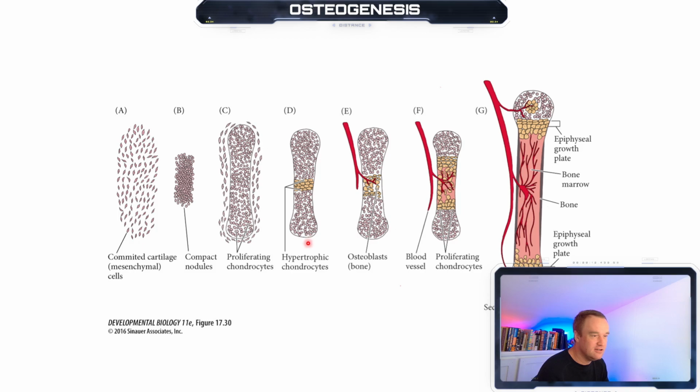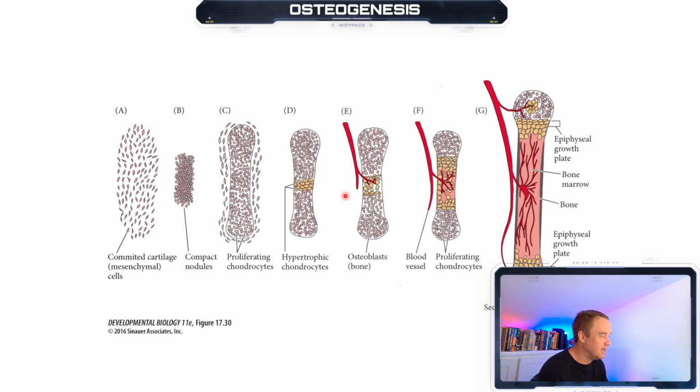So part D here, we have the chondrocytes undergo hypertrophy and apoptosis, so they die, while they change and mineralize their extracellular matrix. So they kind of die off and they start to ossify or add calcium and what is needed to make bone.